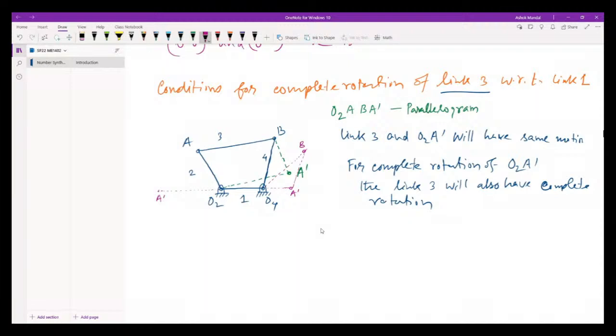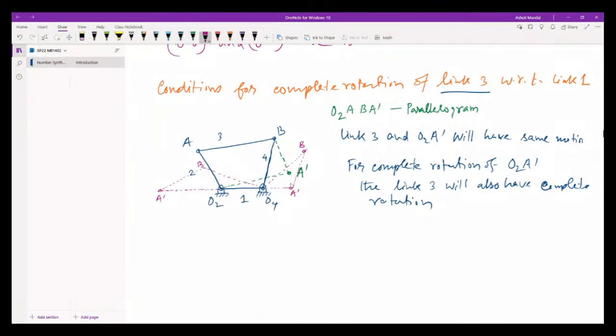On the other hand, the other configuration, suppose this is the position of B. So two extreme configurations again we have drawn here. Do you understand this?